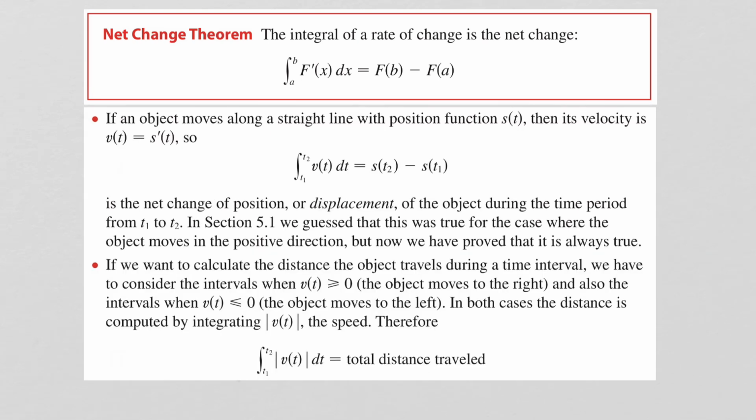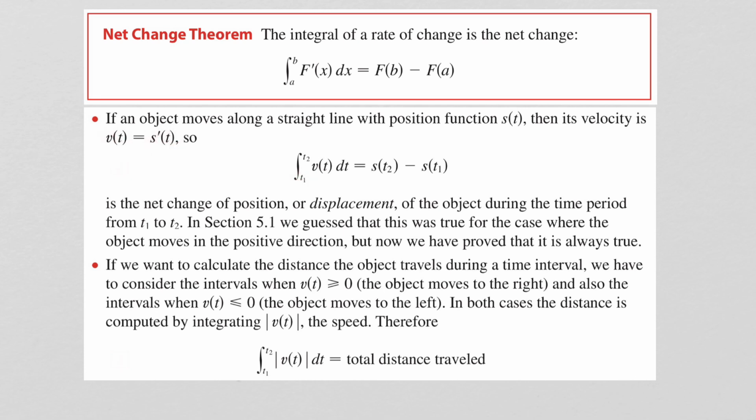Perhaps the most famous example of the net change theorem is when you're looking at a position function and a velocity function. Suppose that an object moves along a straight line with a position function s of t, and it has a velocity function v of t, which is equal to s prime of t.